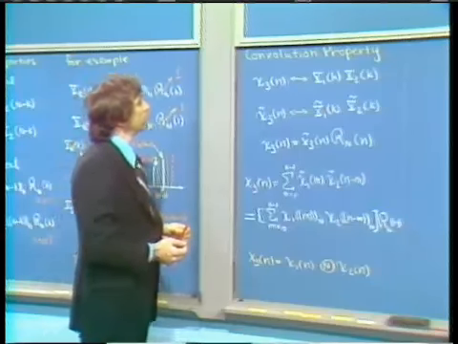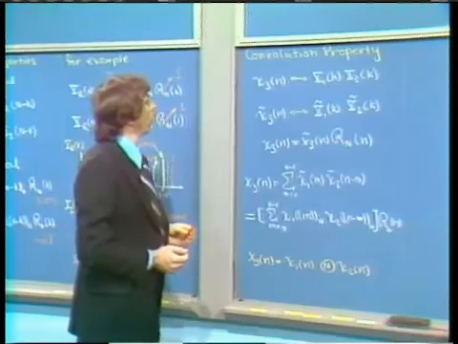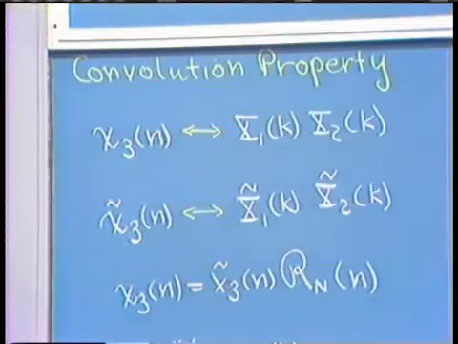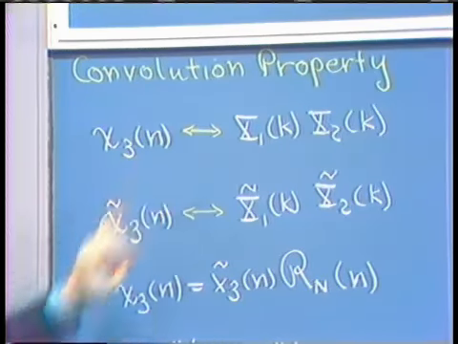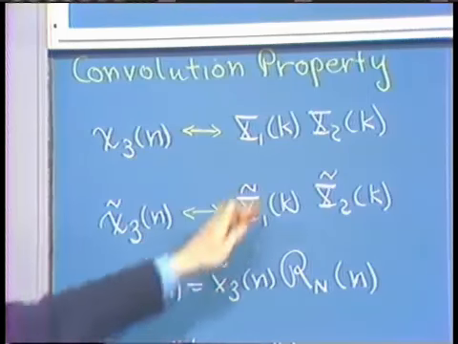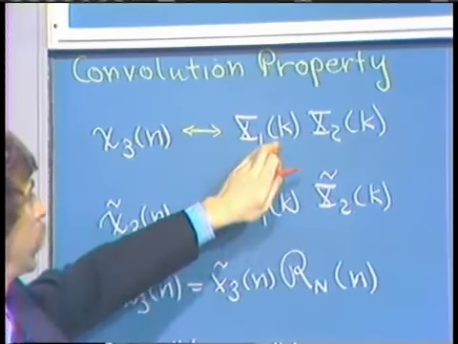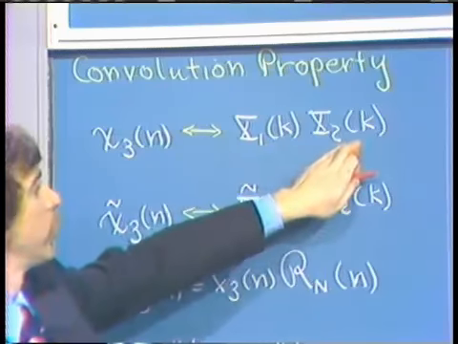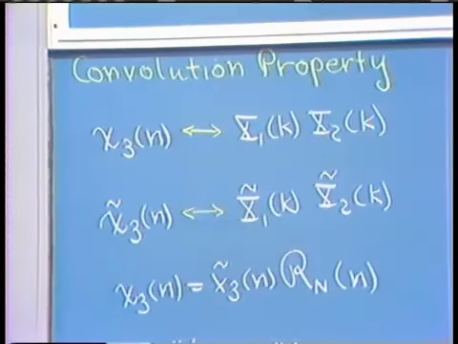What we want to ask is, what is the finite length sequence, x3 of n, whose discrete Fourier transform is the product of the discrete Fourier transform of x1 of n and the discrete Fourier transform of x2 of n.